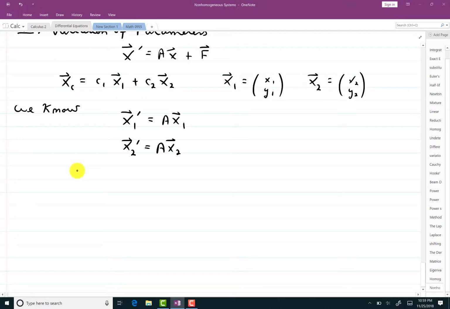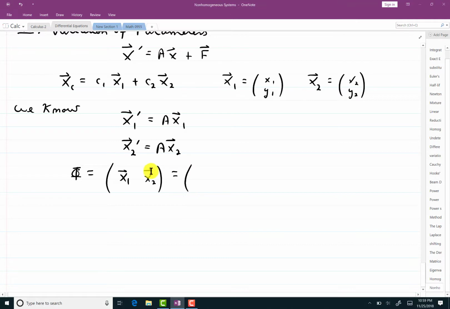I am going to allow phi, capital Phi if you will, to be the matrix that is made up of two column vectors, x1 and x2. And most likely, these x1 and x2 are the eigenvectors, so that's most likely what this phi is going to be, unless you have some sort of conjugate thing or some other strange thing. You don't get two independent eigenvectors, you simply have two vectors that you have to work with. So this is a more general situation.